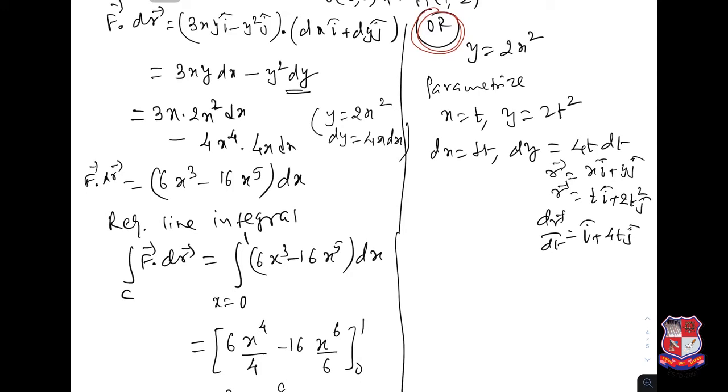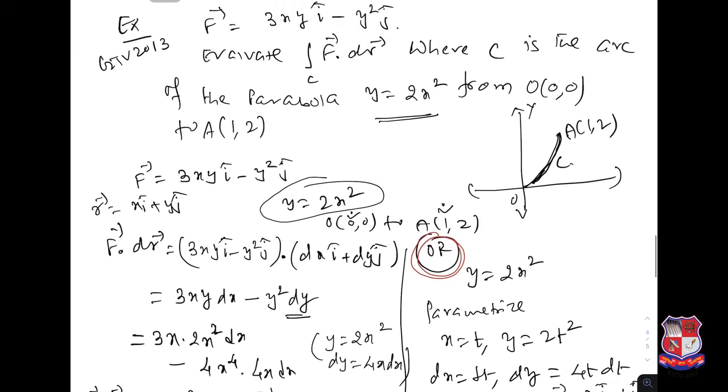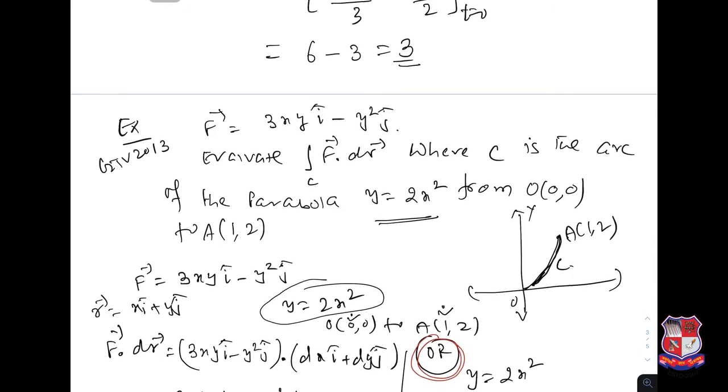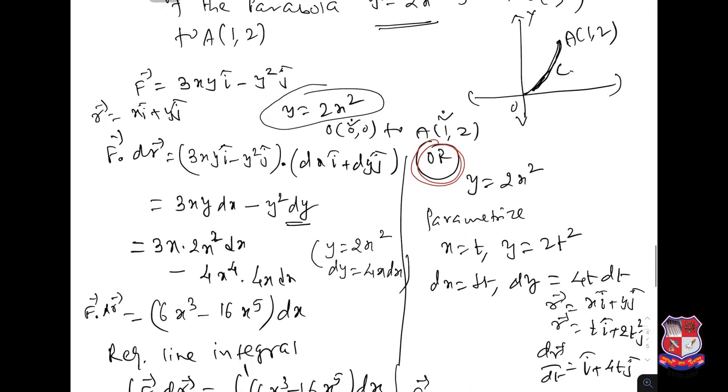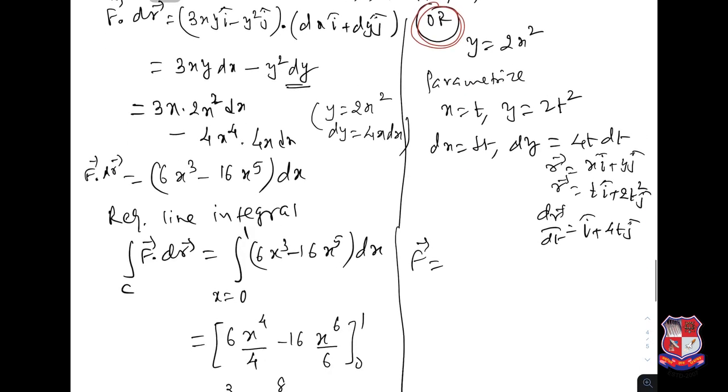And now you can have f. What is f? So f is 3xy i minus y square j. So here you can have x as t, y as 2t square, so it is 6t cube i minus y square, so it is 4t power 4 j.